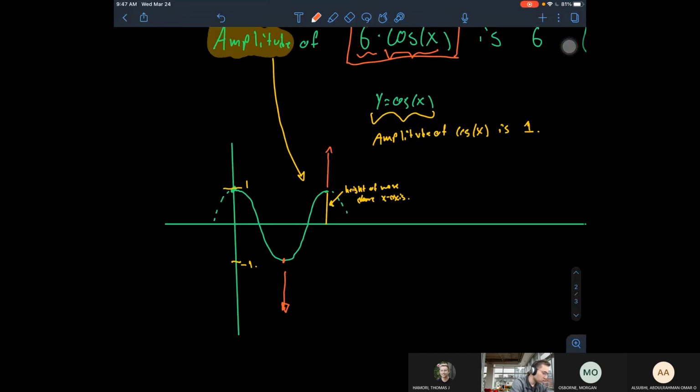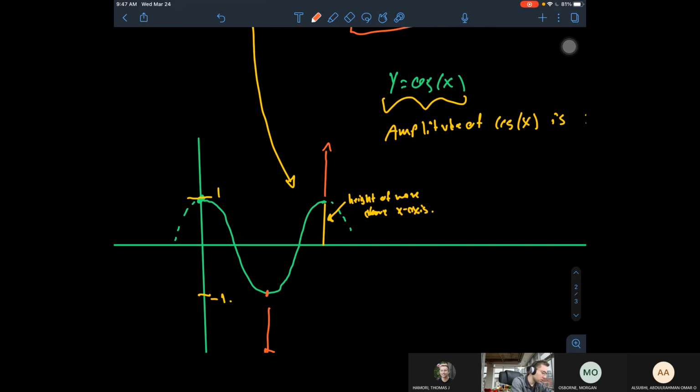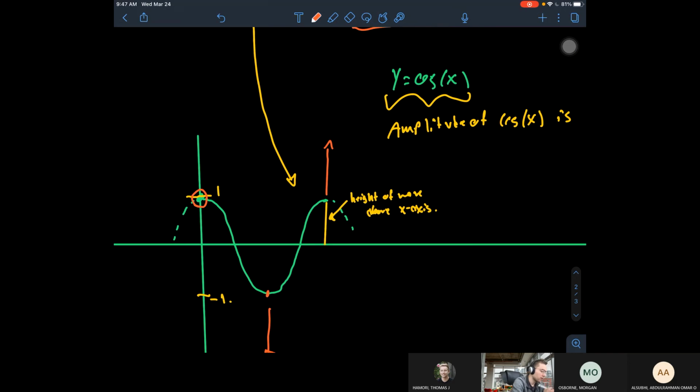Ultimately, what's going to happen to a point which was at 1 before? The new height will be what? 6. That's right, up here at 6. And what about a point which was at 0 before?